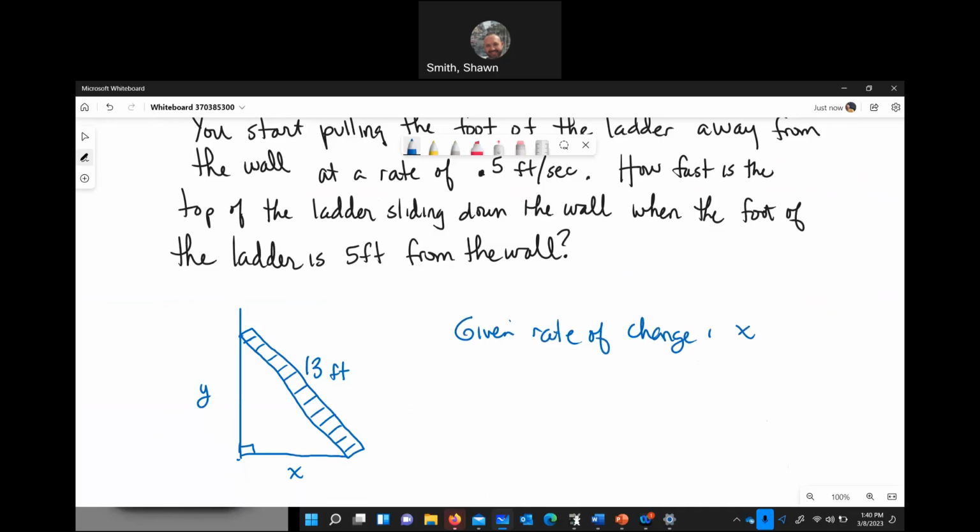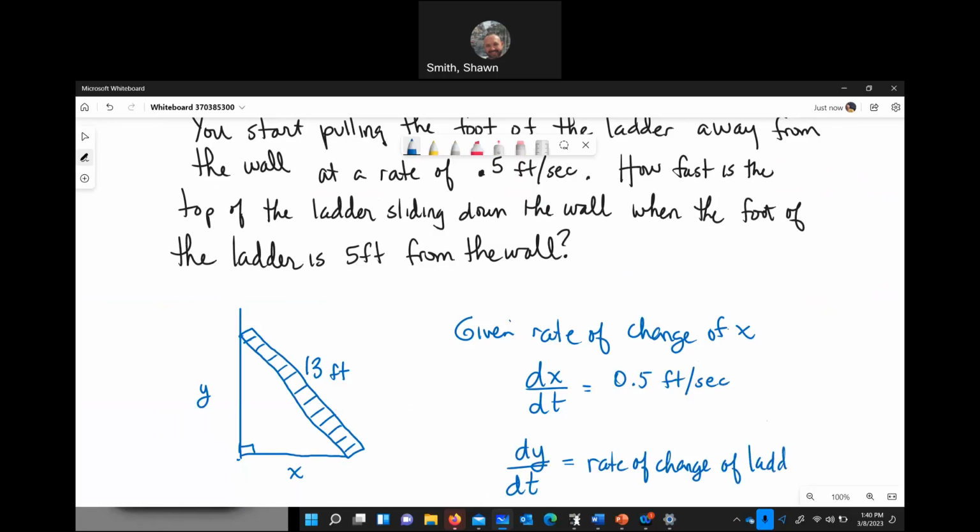So dx/dt equals 0.5 feet per second. We're looking for the rate of change of the ladder coming down, in the vertical direction. So dy/dt is the rate of change of the ladder falling.